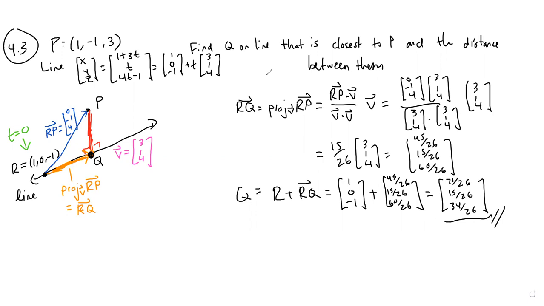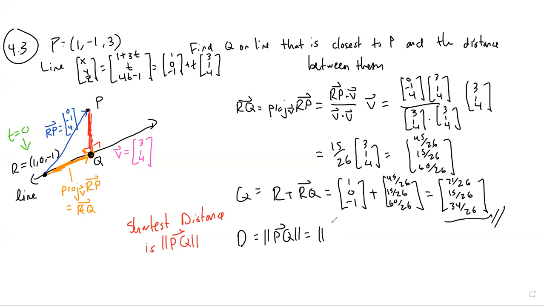And now to find the distance that I need to solve for this question. So that distance is going to be the length of P to Q. So yeah, we just need to find that. So my distance is the length PQ. Make sure I put a vector over that for correct notation. And so yes, we have to actually just find PQ or QP, it doesn't really matter what order you write it in, because we have the 2 points.